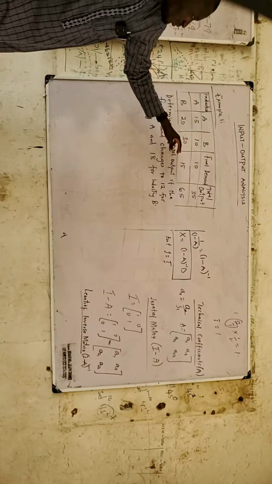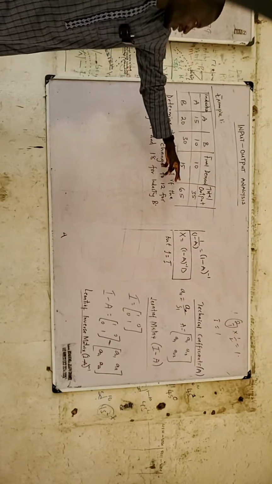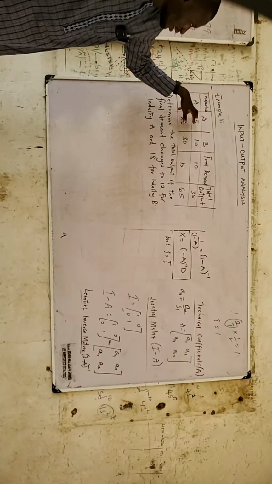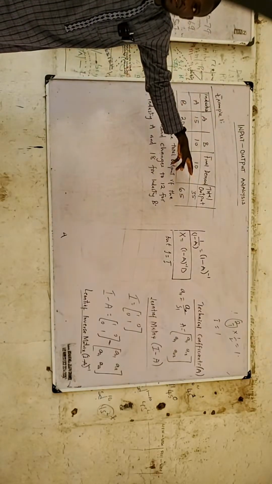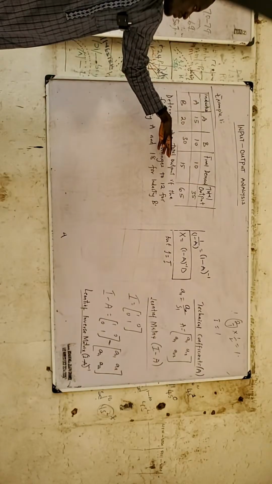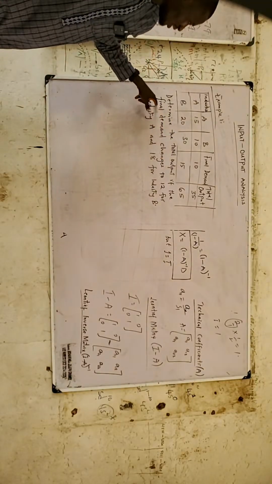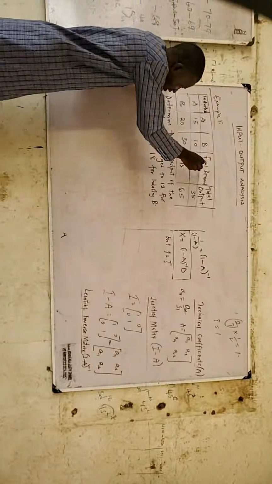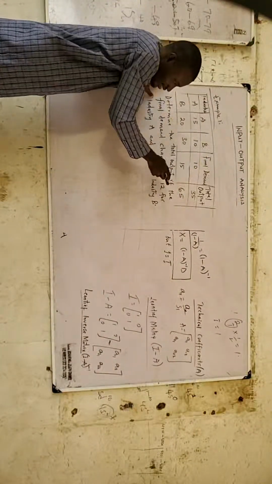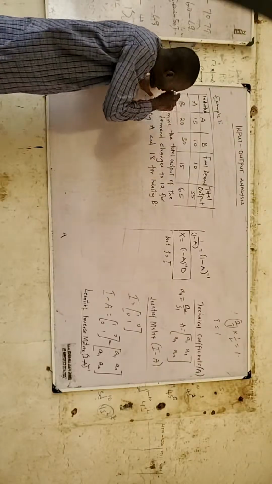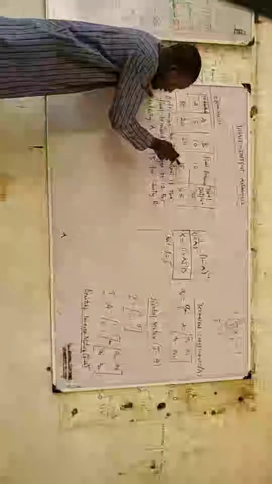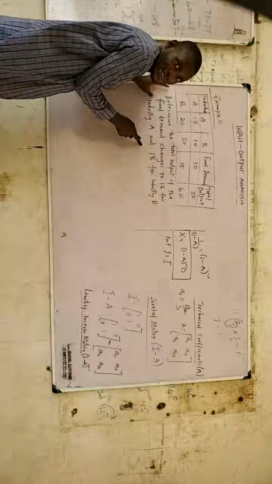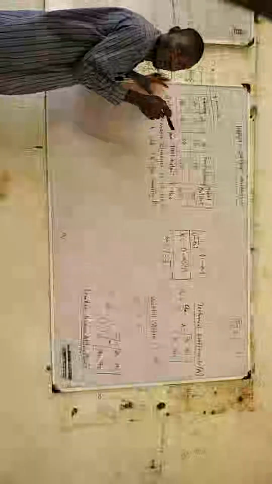Then the total output for industry B is 65. Here is 35. Now they say there are changes in the final demand. The final demand here is no longer 10, it's 12. The final demand here is no longer 15, it's 18. Then the total output is supposed to change.